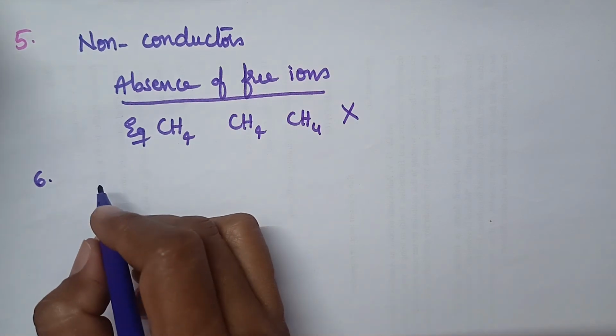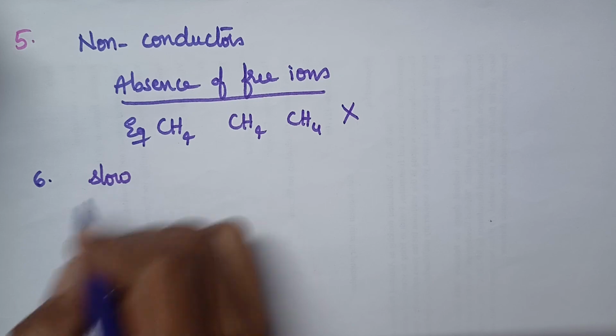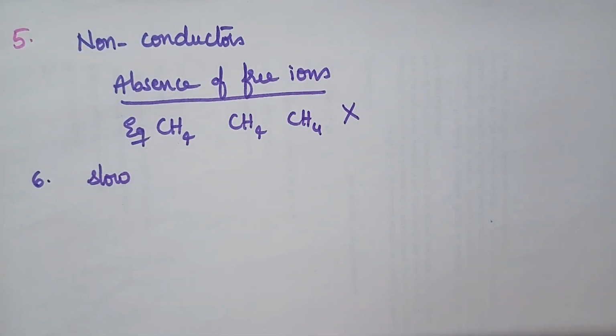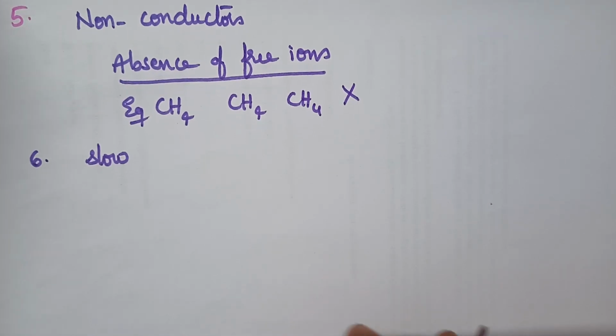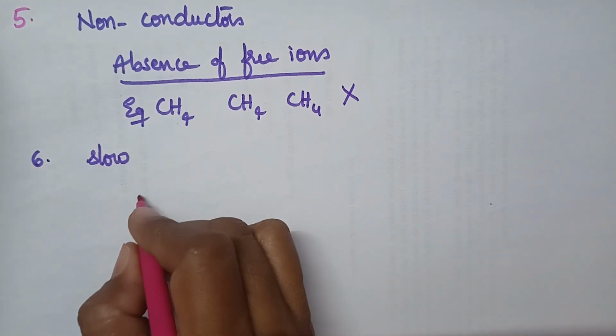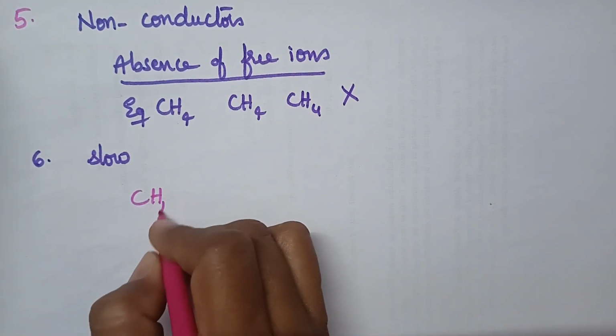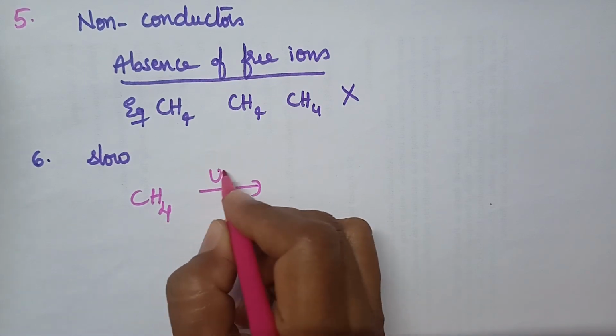The reactions in covalent compounds are slow. Why? Let us consider one example. These covalent compounds participate in a chemical reaction through the breaking and making of bonds. Let us see the chlorination of methane. It requires UV light.